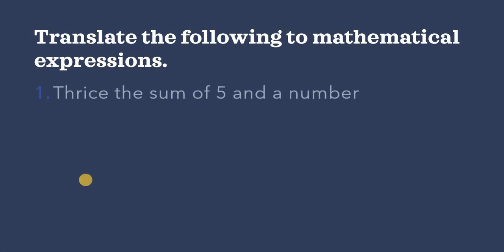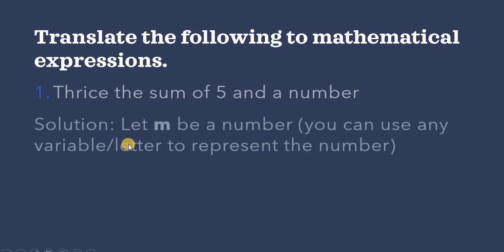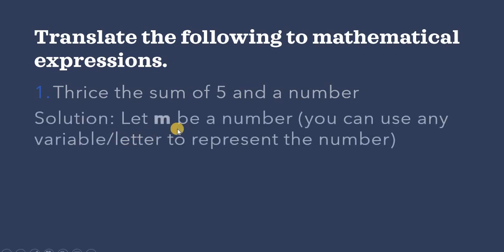For number 1, thrice the sum of 5 and a number. Let's break this down. The first thing we do, for the solution, is let M be a number. A number means a variable, where we can use any letter to represent the number.